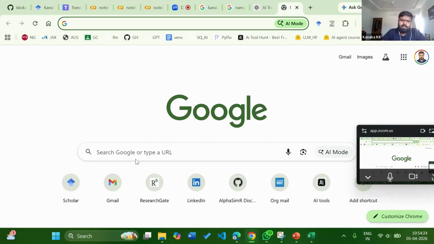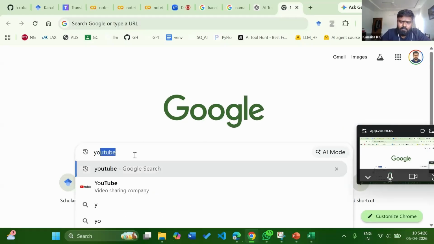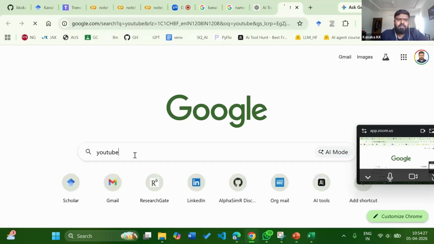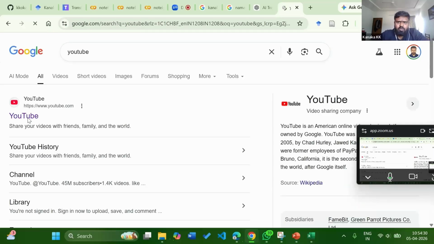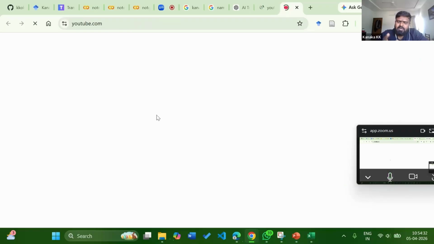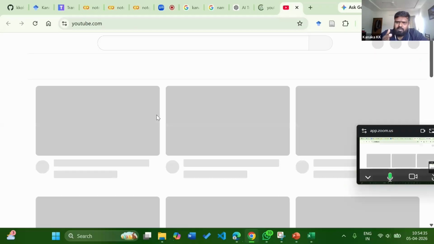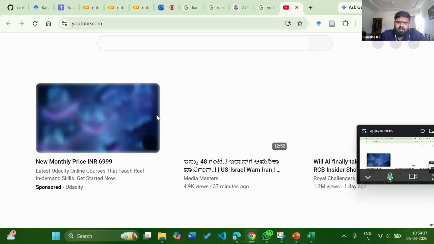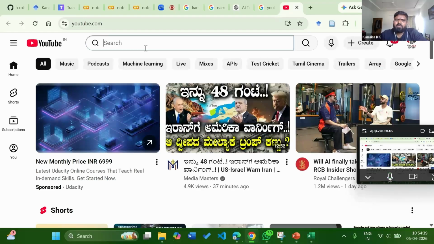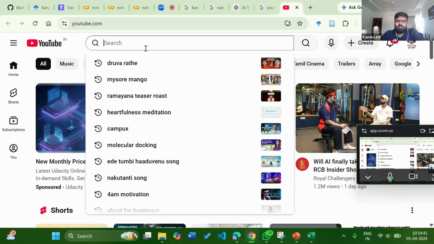Suppose I'm going to YouTube. Let's say I want to search on Ramayana. Recently Ramayana is a movie, its budget is projected to be around 4,000 crores, and it is going to be released this Diwali, acted by Ranbir Kapoor in the Rama lead and Yash in the Ravan role.